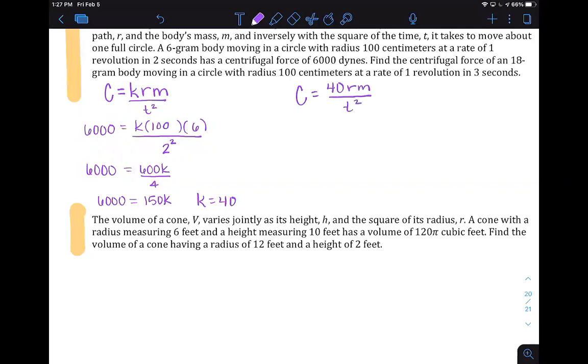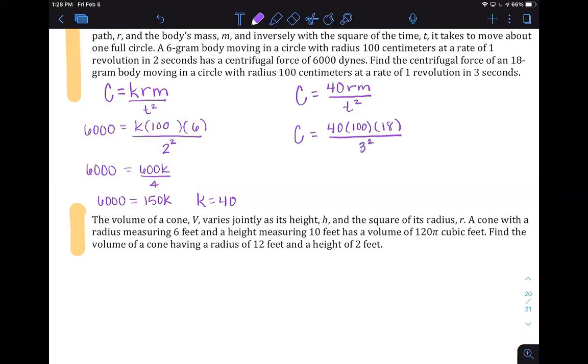Then plug in what you know. Find the force, meaning we're solving for C, of an 18-gram body moving in a circle with a radius of 100. So 40 times 100 times 18 with a rate of 1 revolution in 3 seconds. So our time is 3.